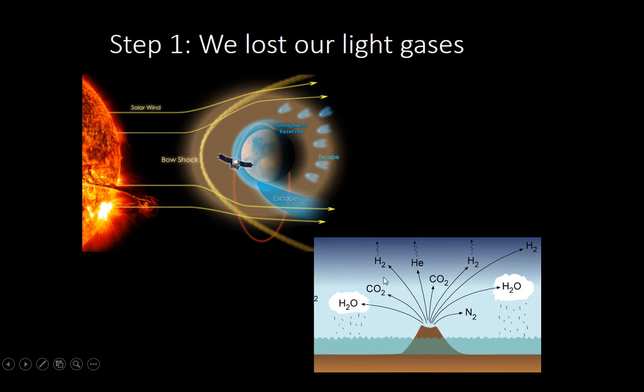Some of the gases in our atmosphere would be hydrogen and helium. Hydrogen would not be good to breathe. Helium is inert, so that would be fine. But if you look at this picture here, we can see there's no oxygen. The lightest elements got blown away by solar winds. So that's kind of step 1. We lost hydrogen and helium and some of the lighter things that were in our atmosphere.